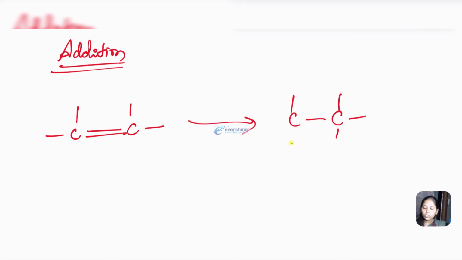What do you mean by addition reaction? Converting unsaturated hydrocarbons into, very good, converting unsaturated hydrocarbons into saturated hydrocarbons in the presence of nickel as a catalyst. Addition means you need to add hydrogen.